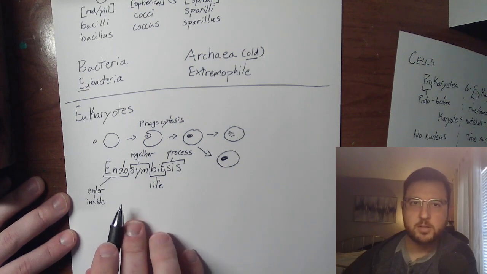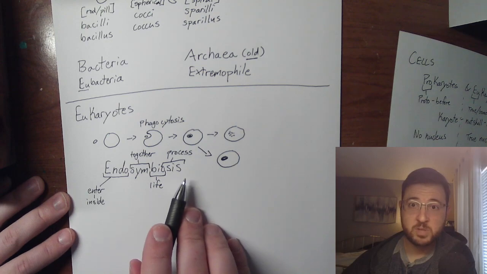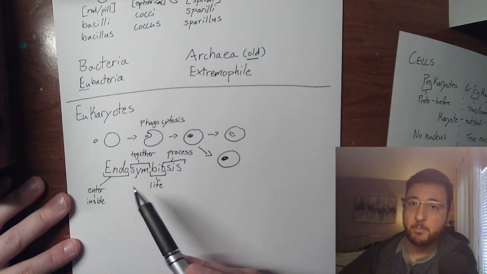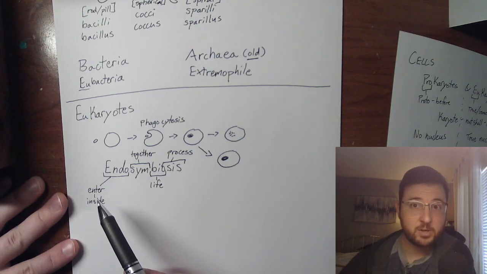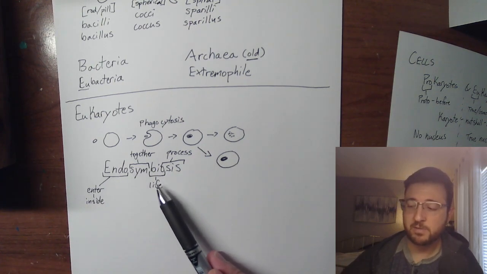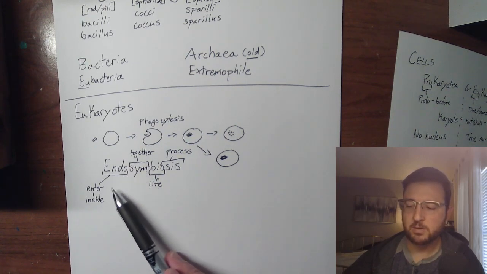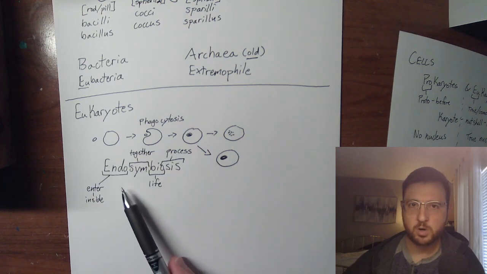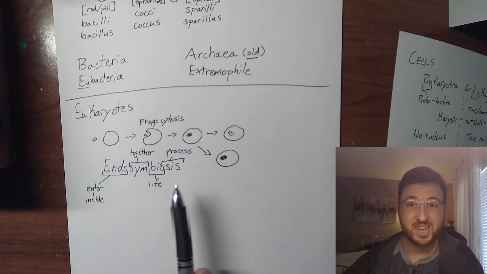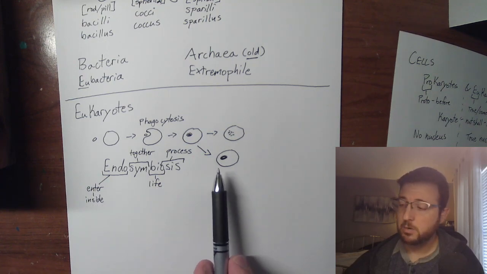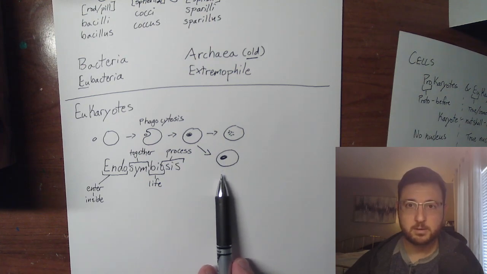Now, the interesting thing about Greek words and other Latin words that use them a lot is if you take their roots and then read them backwards, it's going to tell you what they mean. So, the process of life together inside. That's telling us what this word means. All we have to do is break it down and think about the individual parts and kind of read it backwards. We have one cell living inside of another cell.